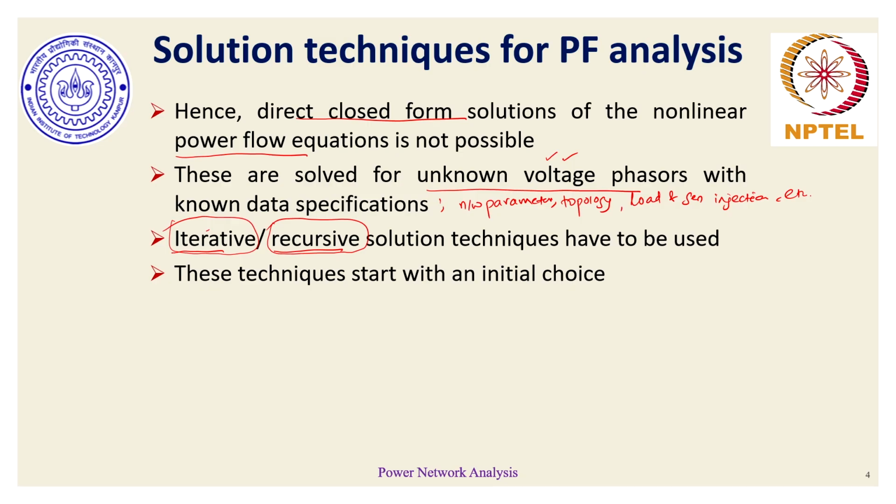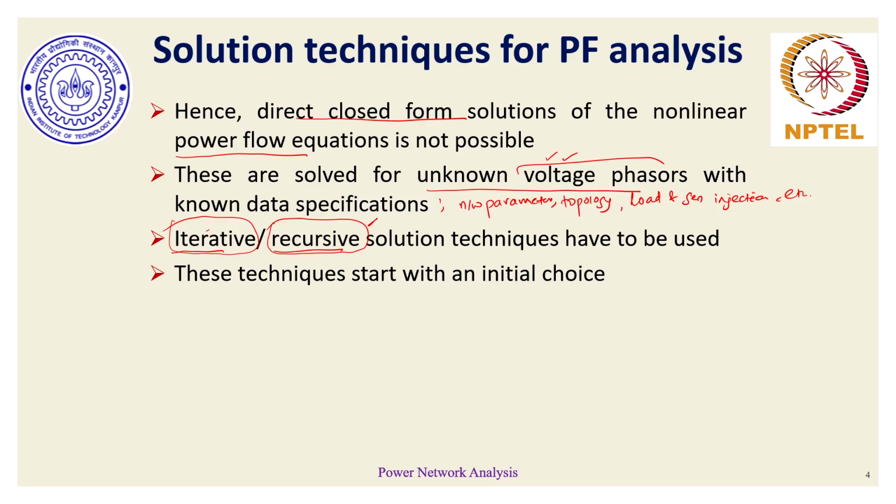But just to summarize, iterative techniques try to find all unknowns, which refers to all voltage phasors together in terms of voltage magnitude and phase angle, in one single step, whereas recursive techniques try to find one unknown at a time, and then with one unknown known, the second unknown would be found based on the first unknown, and that's how the step-wise recursive process would go on.